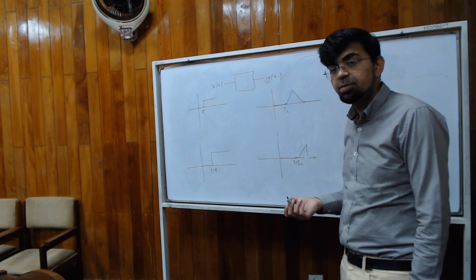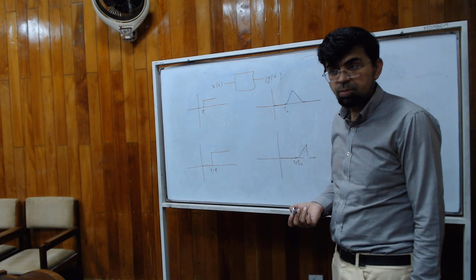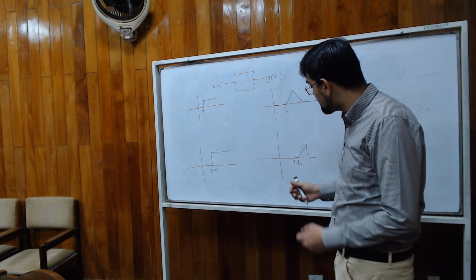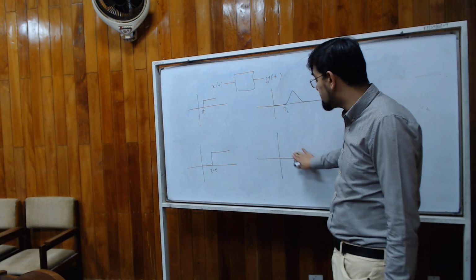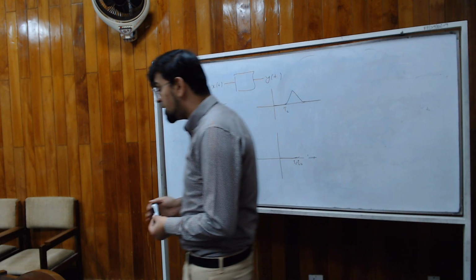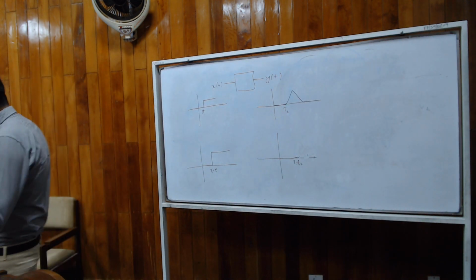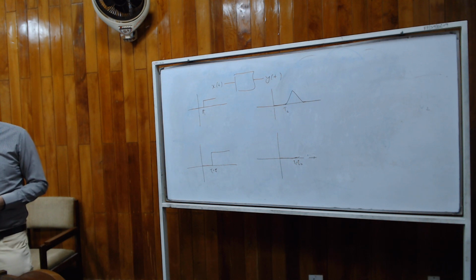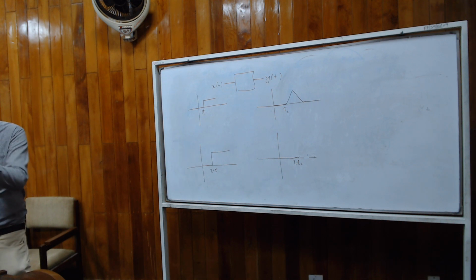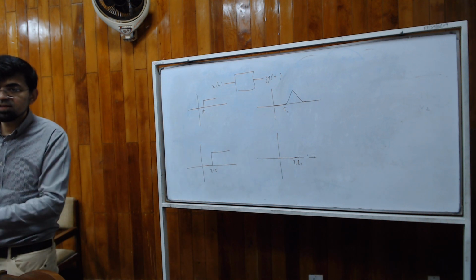Still it's not time invariant, because now it's not shifting by the same amount. And as you will see, non-time invariant systems could behave so much differently depending on when you give them the input, even if your input is exactly the same.